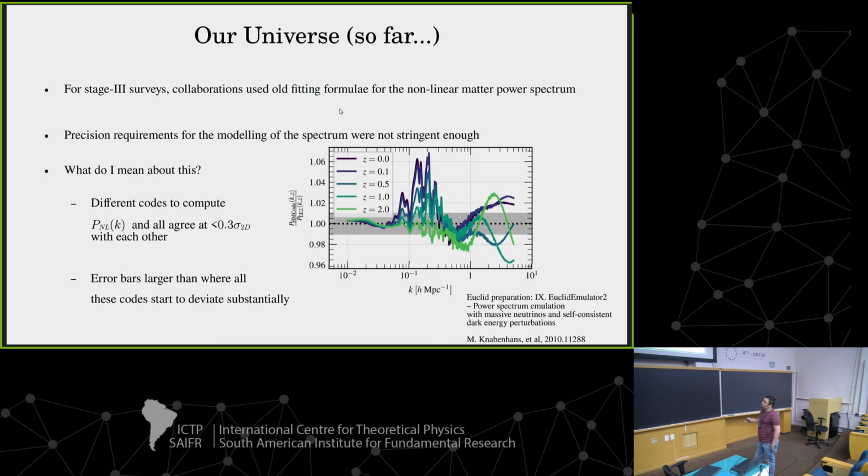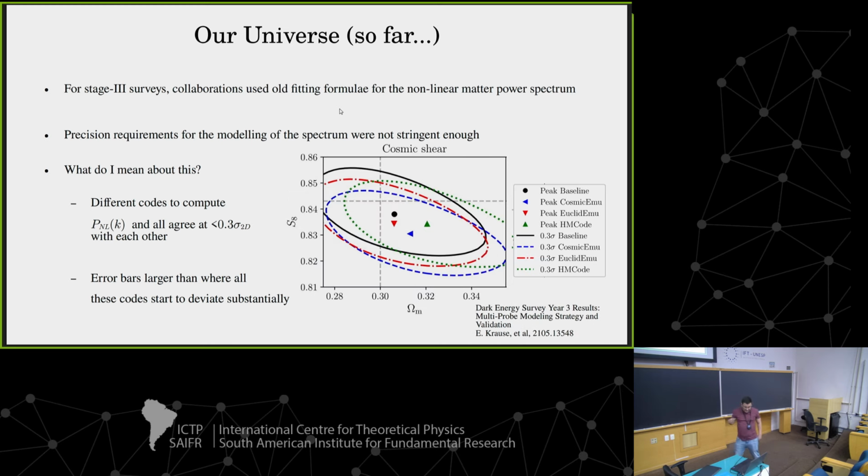So this is telling us that they are not in agreement. They're very bad. However, when we go to the level of inferring cosmological constraints, we can see that even if we get very different nonlinear matter power spectra, in the Dark Energy Survey Year 3 paper that describes the modeling strategy and validation, each of these points in the middle are different codes to evaluate the nonlinear matter power spectrum.